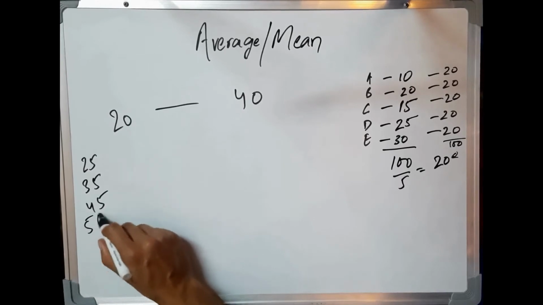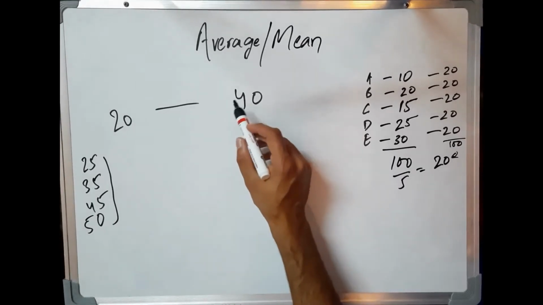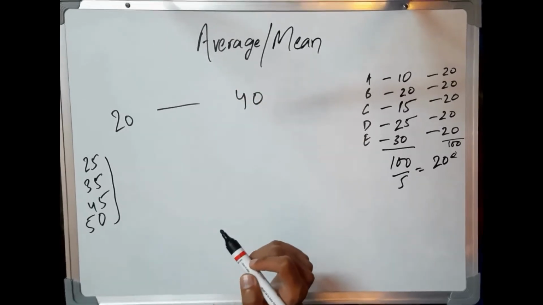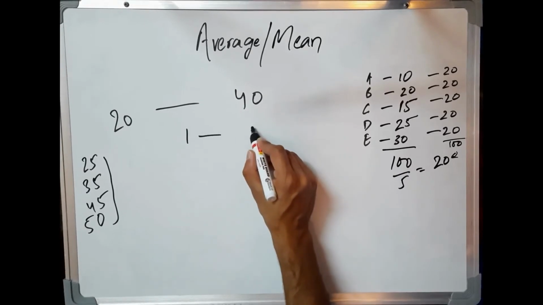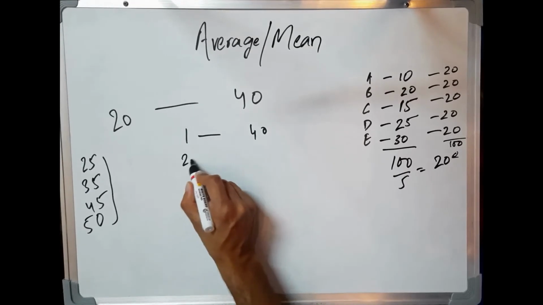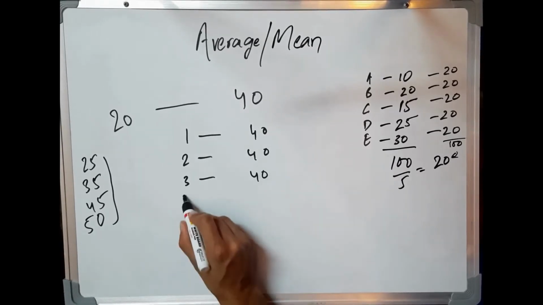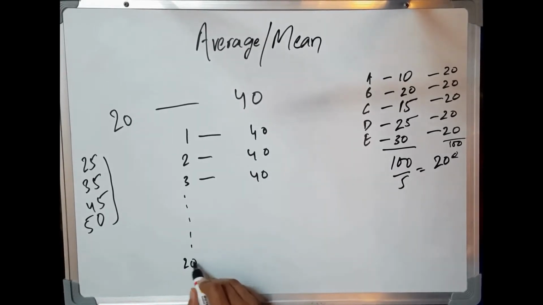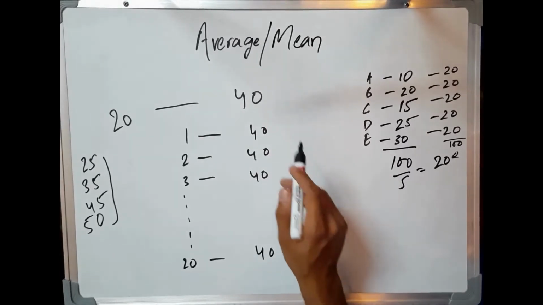These are some random weights of that class. But the average weight of the class is 40. That means mathematically, on an average, the first student weighs 40, the second weighs 40 as well, and the third also weighs 40, and so on. All of the students in this class weigh 40 on an average.